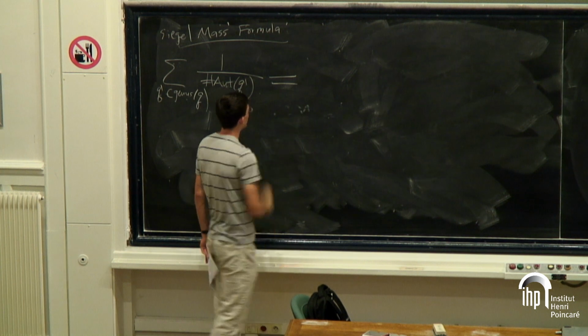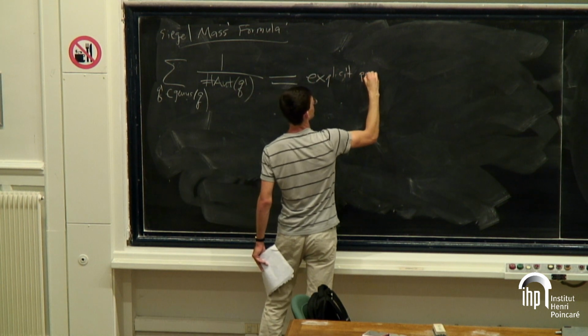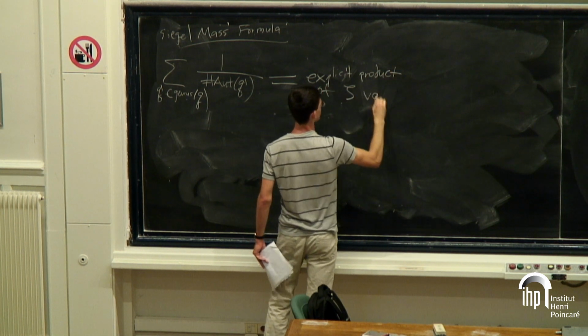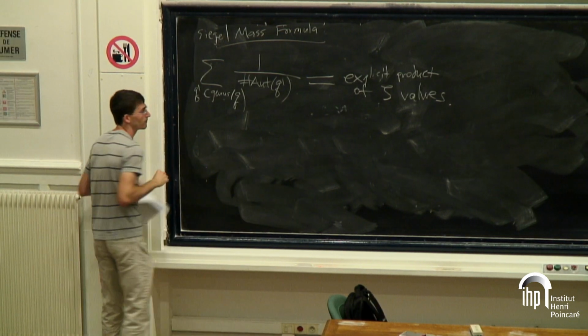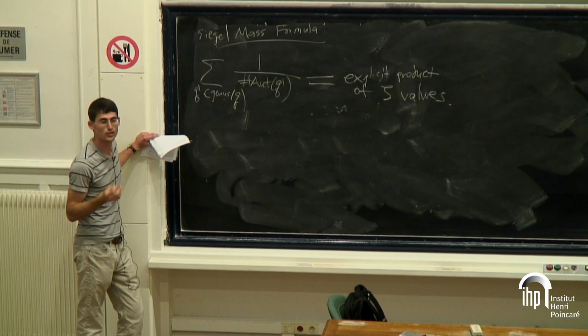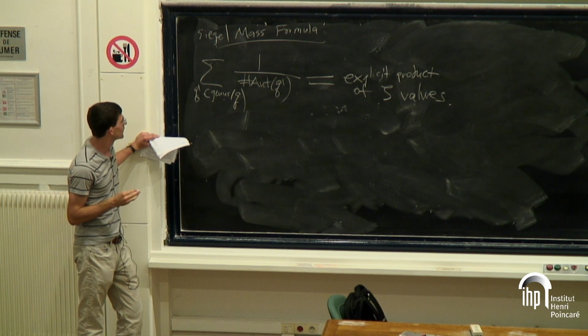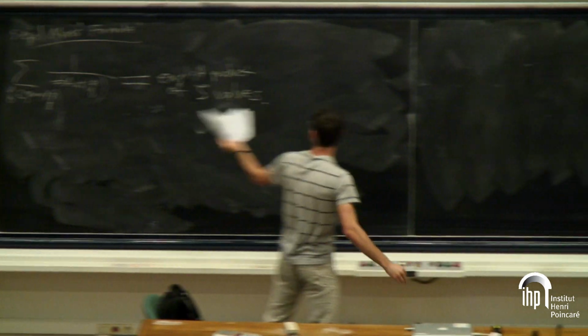And it expresses this as an explicit product of zeta values. Actually, they're zeta values at positive even integers, so we actually know what they equal on the nose. At any rate, this gives you a nice way of computing the genus of a form.